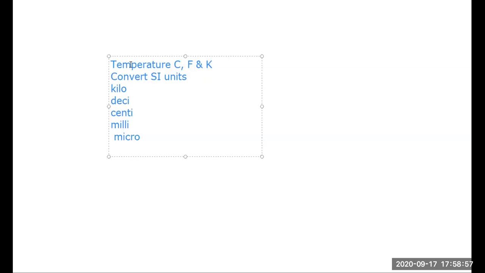Those are the ones that we see all the time. Make sure you are familiar with how you can go back and forth between, say, kilo to milli or a single unit to micro. These were also things that were covered in the labs done over the past couple of weeks.